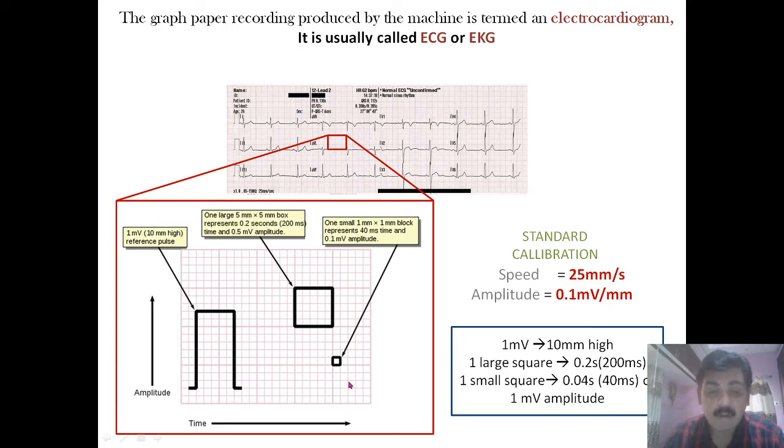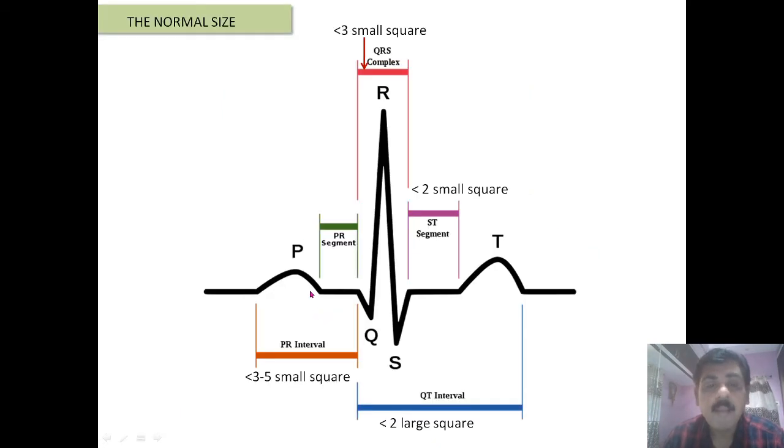So this is how the graph is recorded. And from the P wave up to the next T wave, there will be 4 squares. Then this is a normal electrocardiogram.